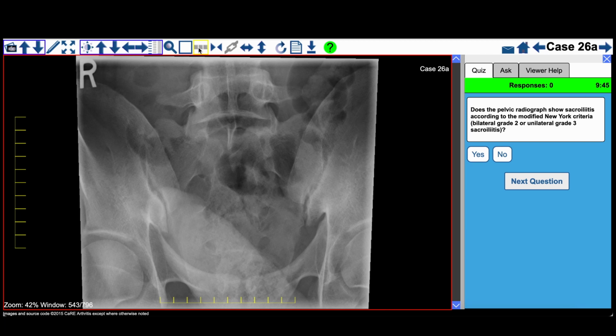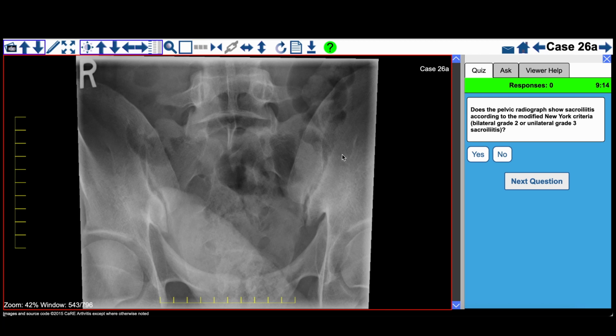He has significant back pain despite taking 2 non-steroidal anti-inflammatory agents. The back pain is of an inflammatory nature, and he has a BASDAI of 6.3. He's B27 positive, but his CRP is negative. So what does this pelvic radiograph tell us?